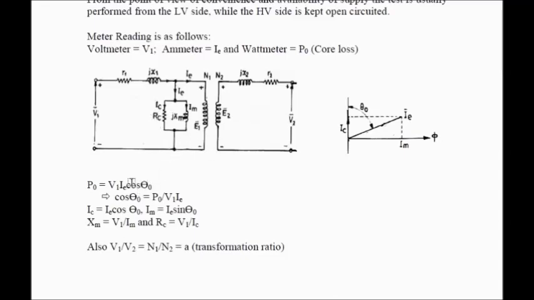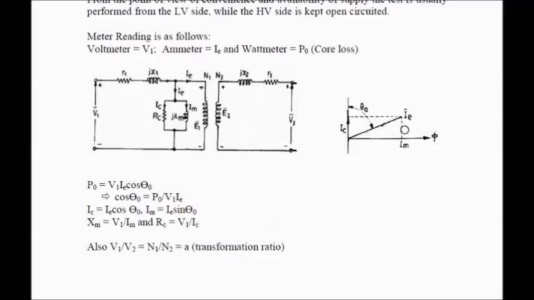And in terms of no load current and no load power factor, where no load current is IE and no load power factor is cos phi naught, I can write this core loss as V1 IE cos phi naught. So P0 is V1 IE cos phi naught. Hence cos phi naught is P0 upon V1 IE. From these measuring instruments, we have P0, V1 and IE, so we can calculate cos phi naught.